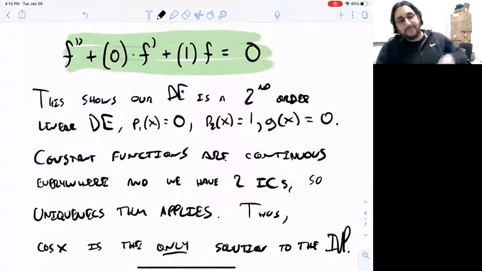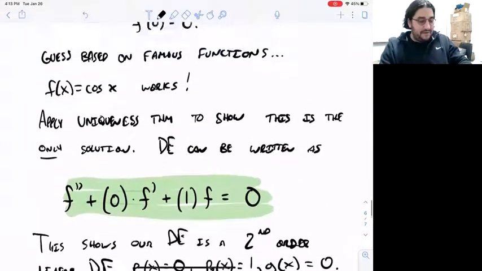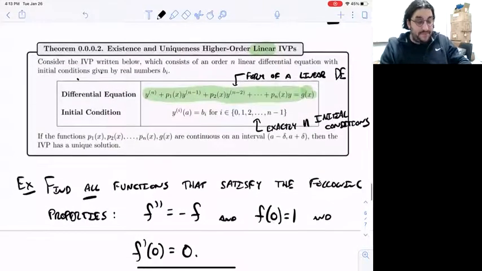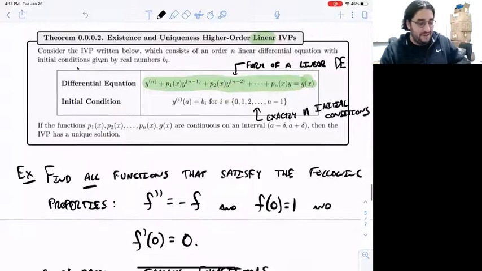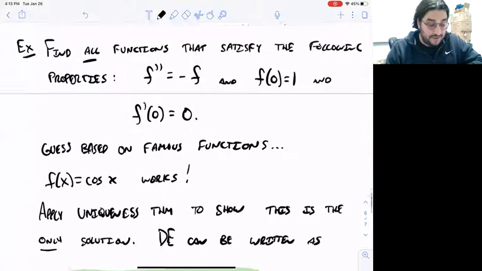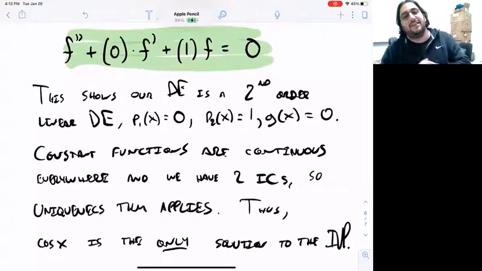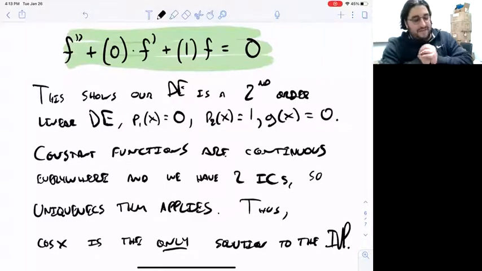So there's an example where we can apply this higher order theorem, the second order existence and uniqueness theorem. All right, so that's our two theorems: first order existence and uniqueness, second order existence and uniqueness.